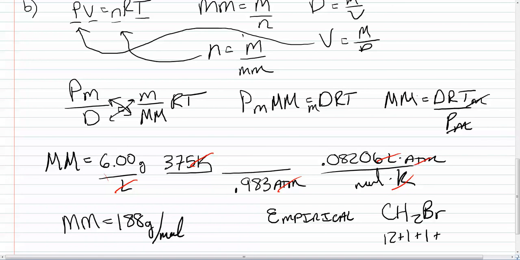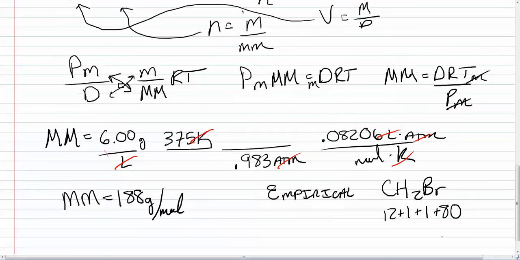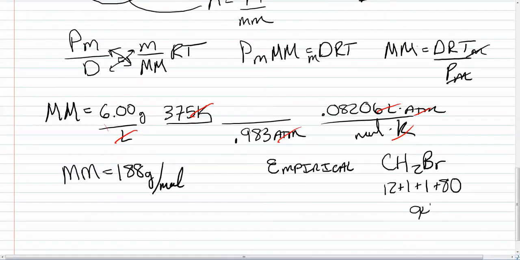Why would I conveniently have a periodic table available to me while I'm doing these problems? That would make too much sense. One minute, you probably already looked it up. Br weighs 79.9. I'm just going to round that to 80 because we're estimating here anyway. So that gives us 94 grams per mole.